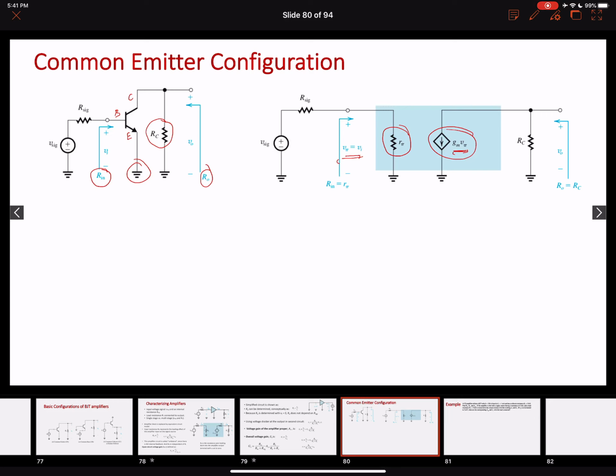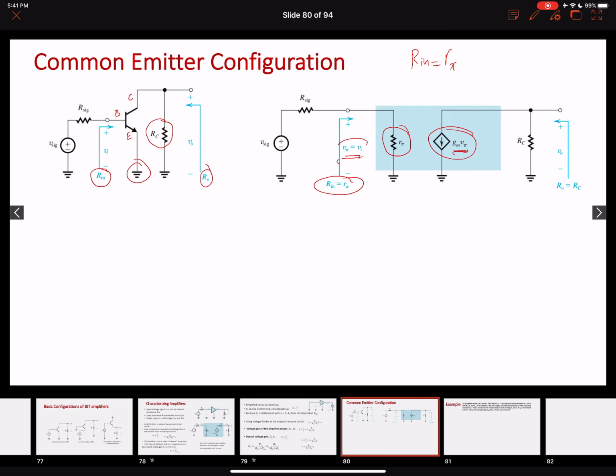So the first thing is again our input resistance Rn. Rn is the resistance that you can find by looking into the input of the transistor in a specific common configuration model. Over here, if you look into the input of this amplifier circuit, you can see that our input resistance is equal to R pi.